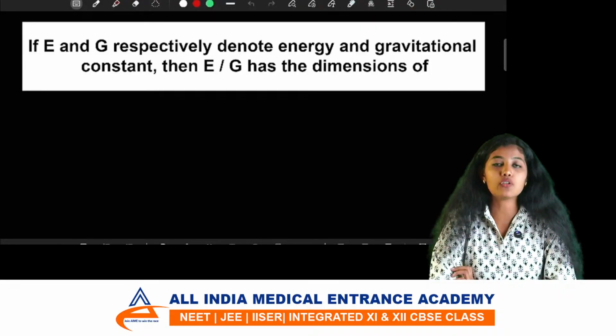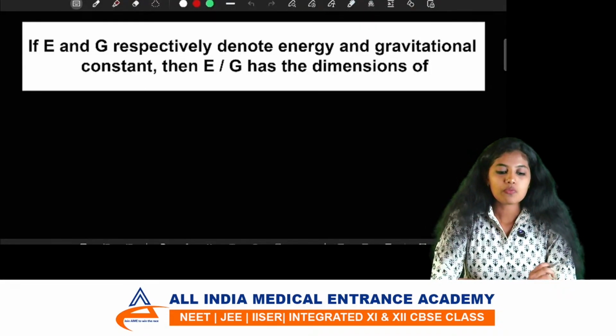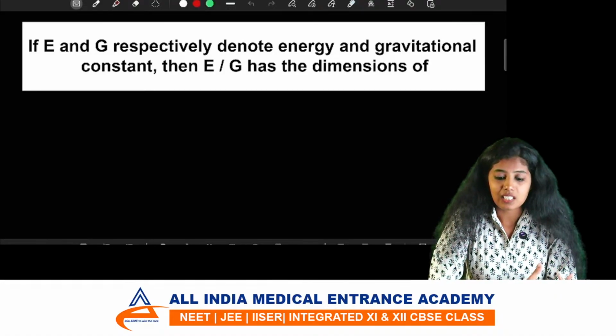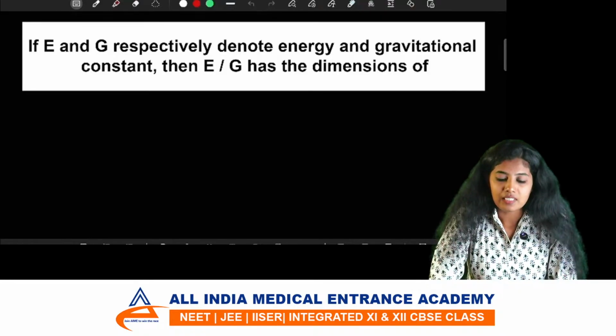Here we need to find the dimension of this ratio. The first one is energy, and in the denominator it is given the gravitational constant. So instead of hurrying and finding a difficult dimensional formula for the gravitational constant, we can find this easily.